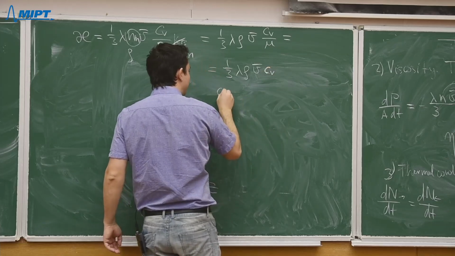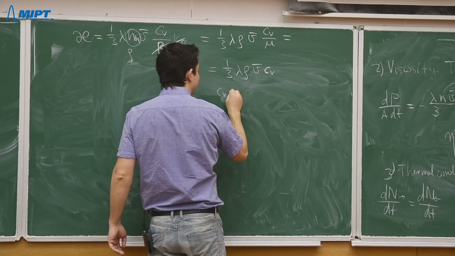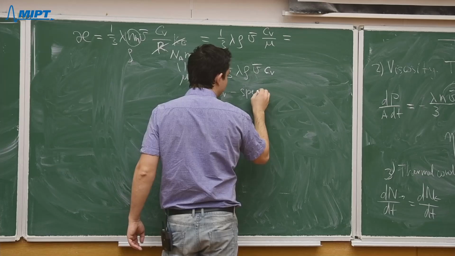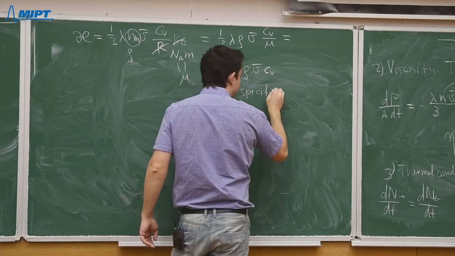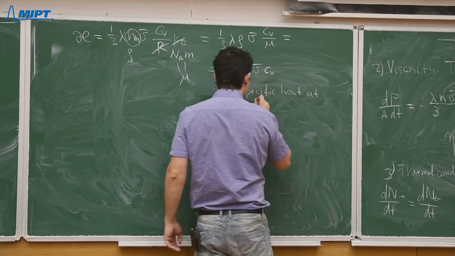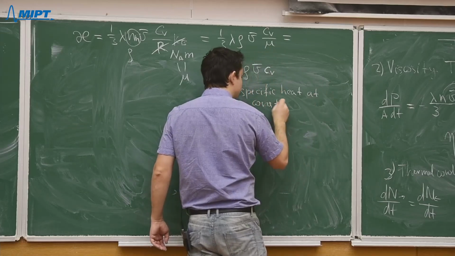So here I have a small letter cv. This is a specific heat capacity at constant volume, or specific heat at constant volume.